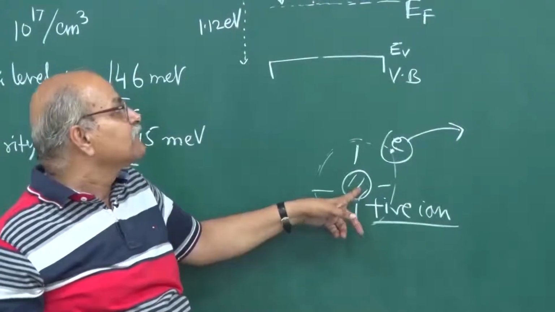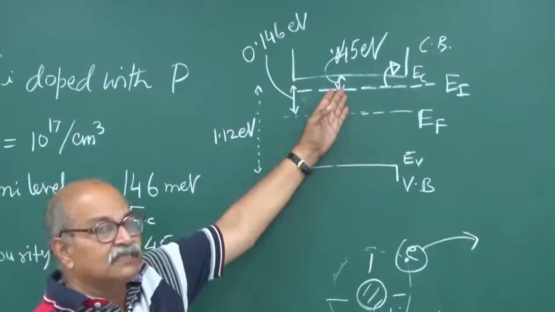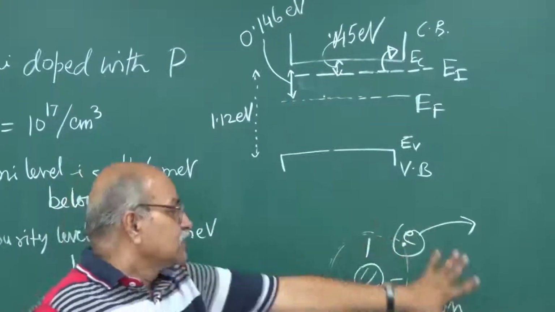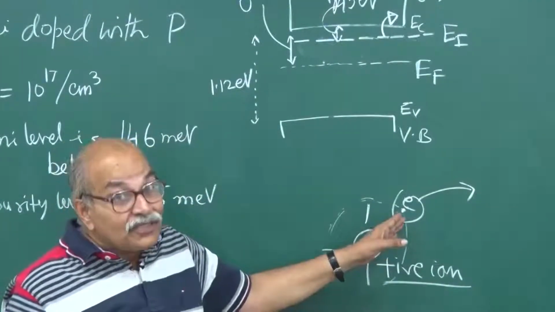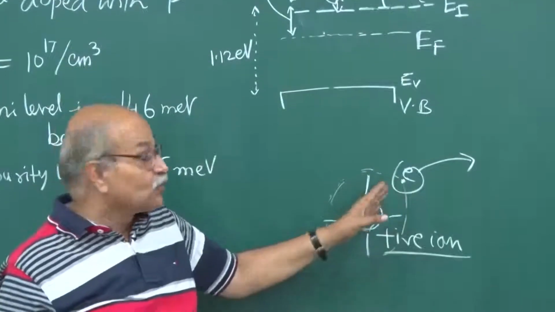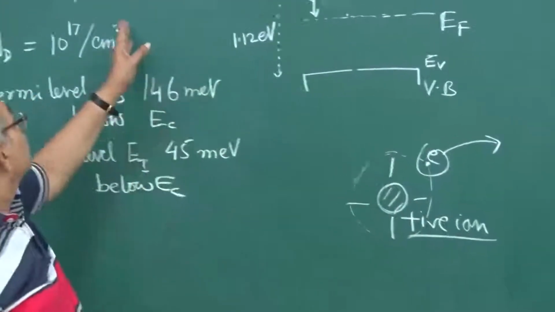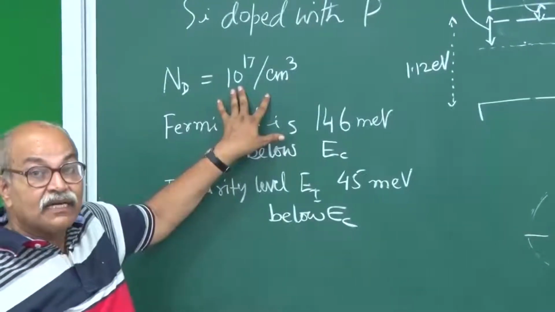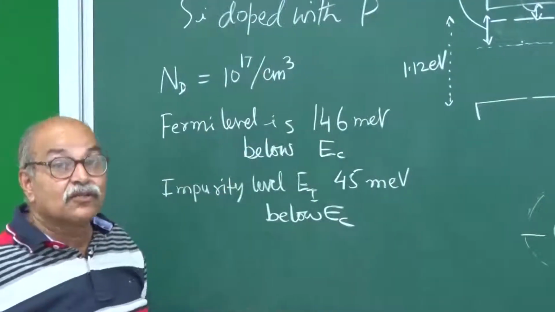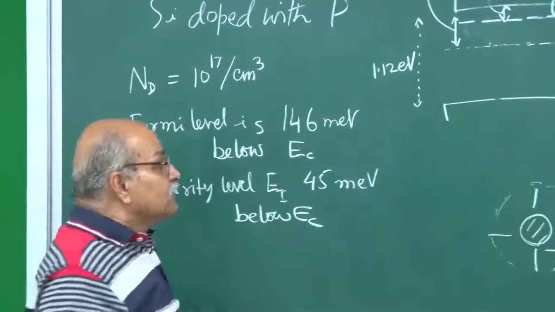So the question is, what percentage of the donor ions which are substituted in this crystal lattice are not ionized? The total number of donor ions per centimeter cube is given here. Out of these, how many are ionized and how many are not ionized?